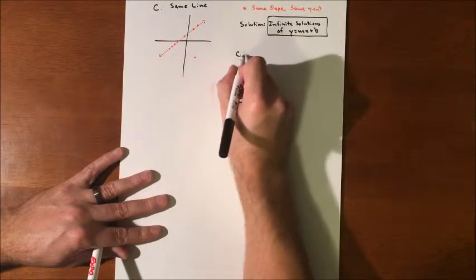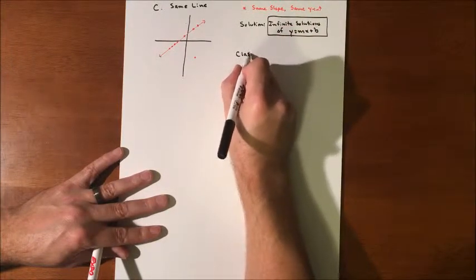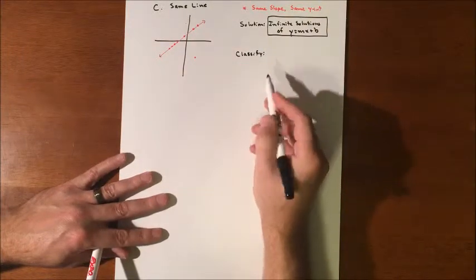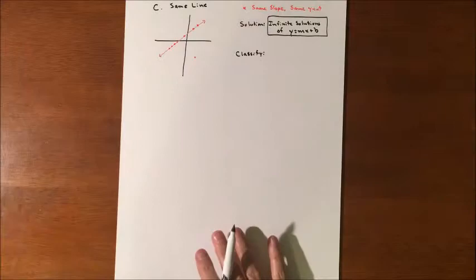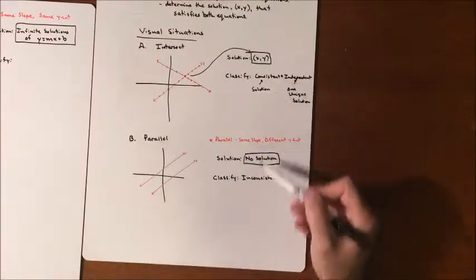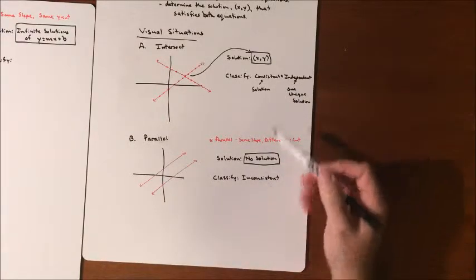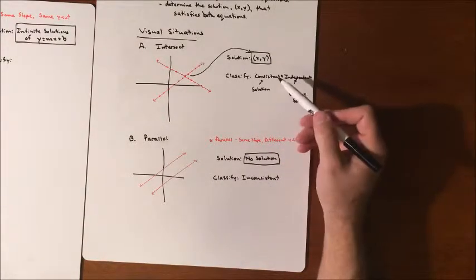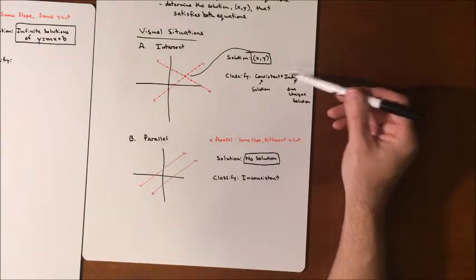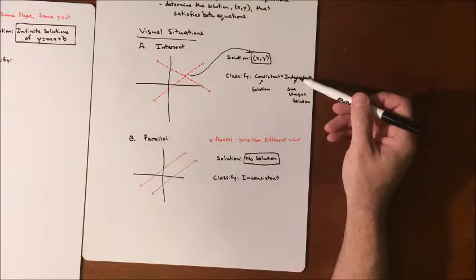And then we'll classify it. All right, so if we look back at the other one, when we were going to classify, consistent meant we had a solution. Inconsistent meant we didn't have a solution. So we do have consistent because we have a solution, but we don't have just one. So rather than it being independent, we're going to change the name on that one.